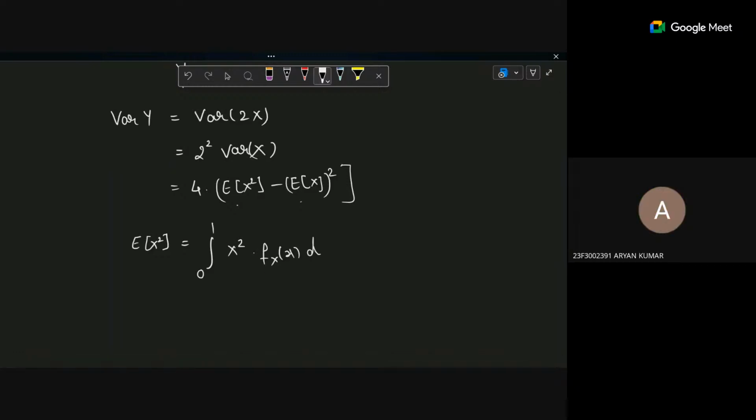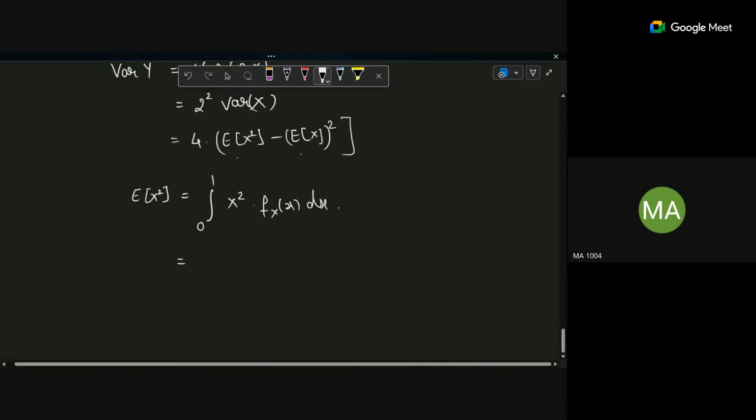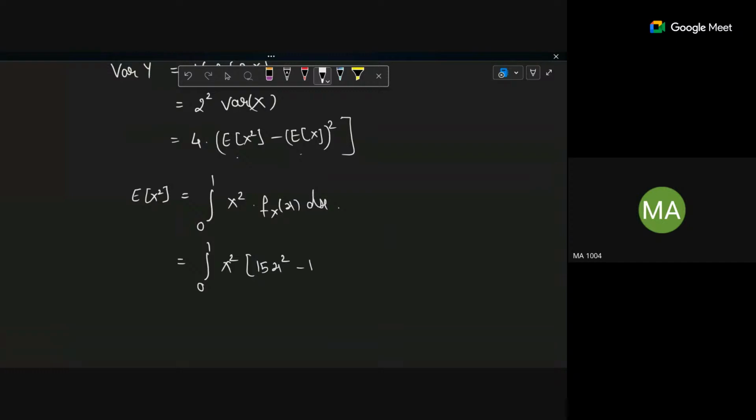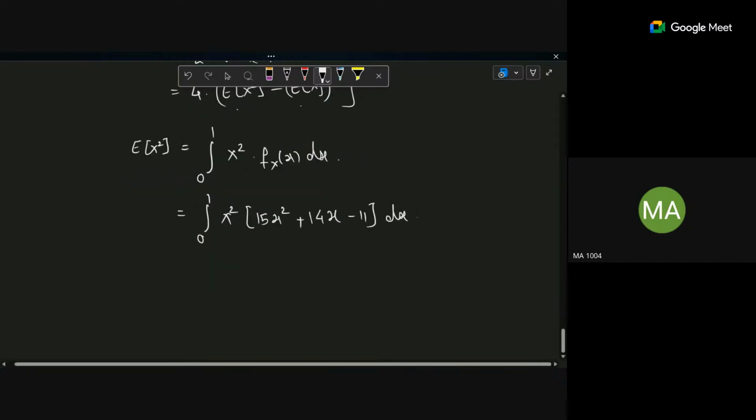Yes, ma'am. Okay. So it will be x square times 15x square plus 14x minus 11 dx. Okay, so you might have calculated it.